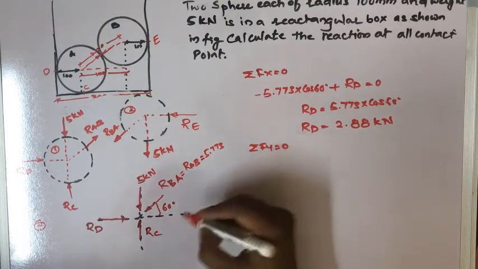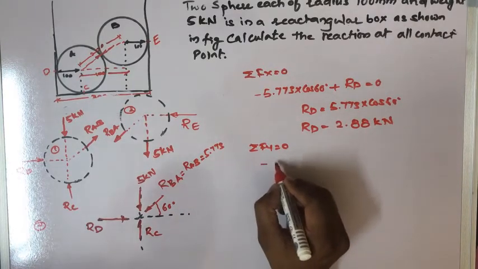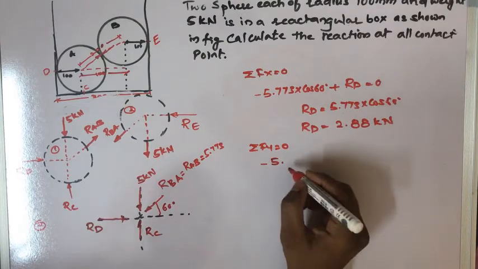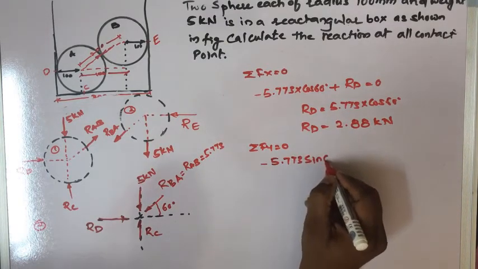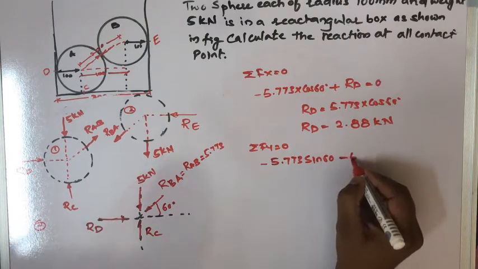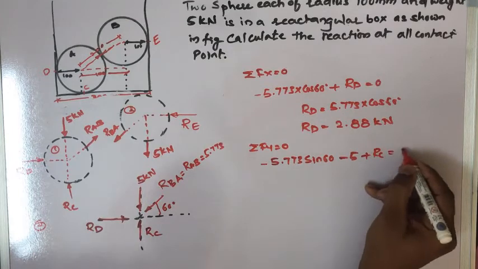The first component is RBA sine 60 degrees, which is acting downwards. So minus 5.773 sine 60 degrees, minus the 5 kilonewton load, plus RC equals 0.